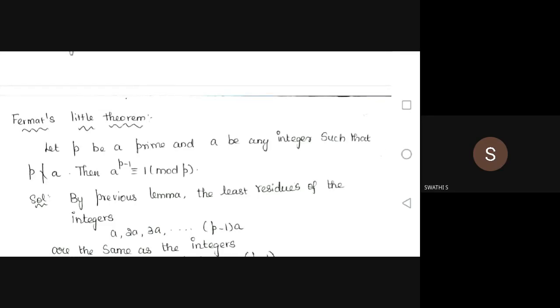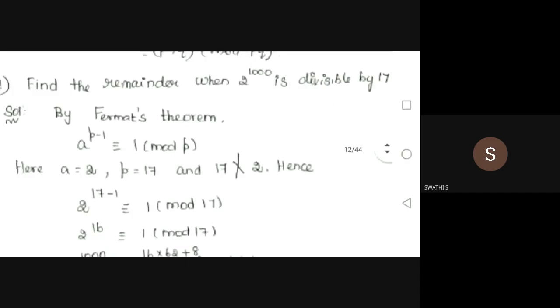Here P is 17, and 17 does not divide 2. So we can write 2 power 17 minus 1 is congruent to 1 mod 17.